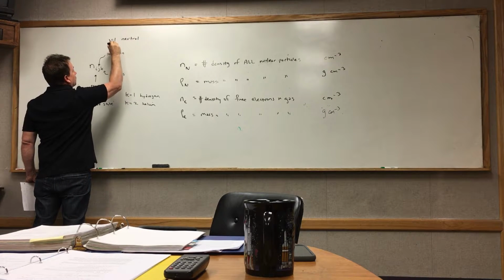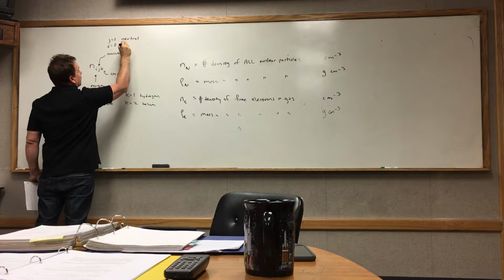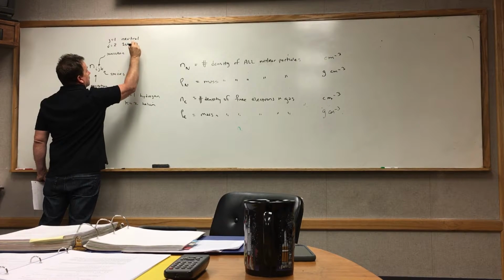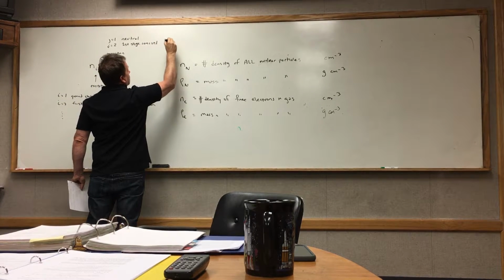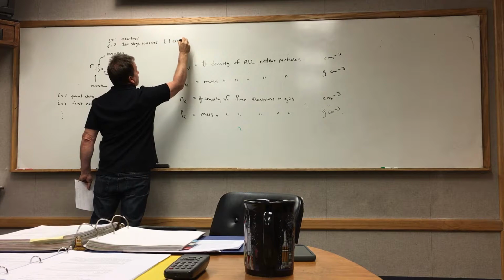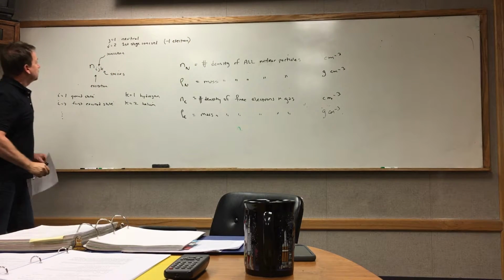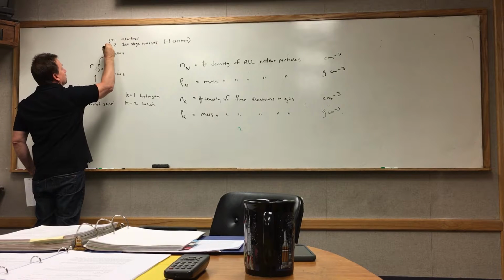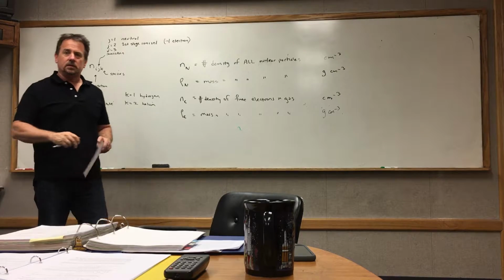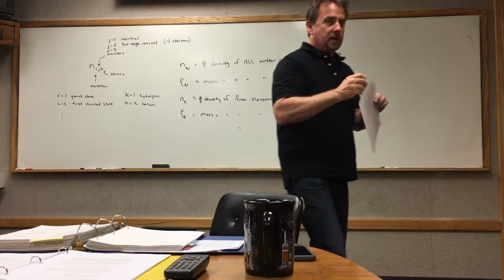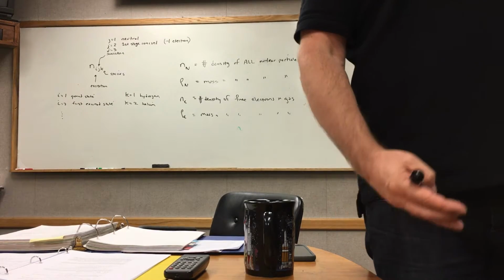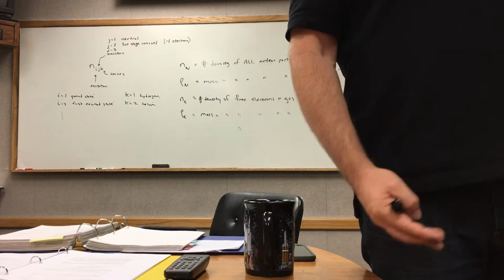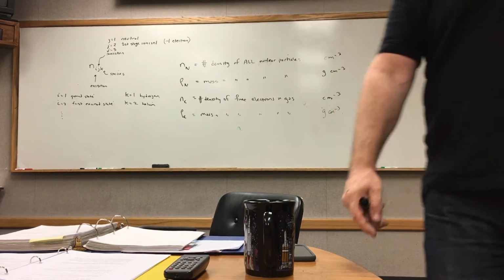J equals 2, first stage ionized, in other words, minus 1 electron. J equals 3, etc. So by defining IJK, we have a full description of every excitation state for every ionization stage for every species.